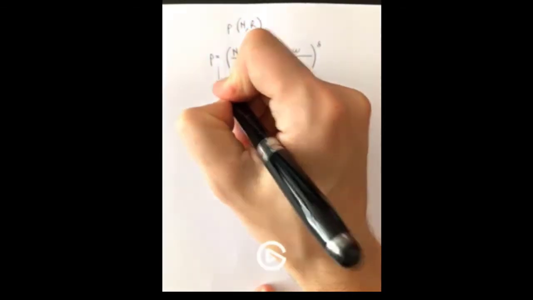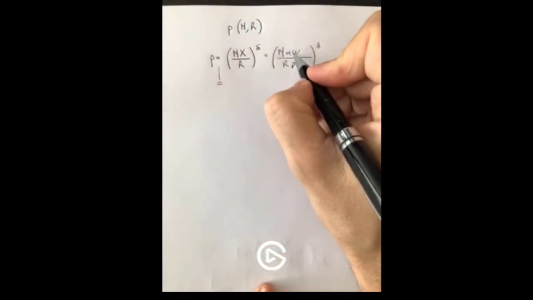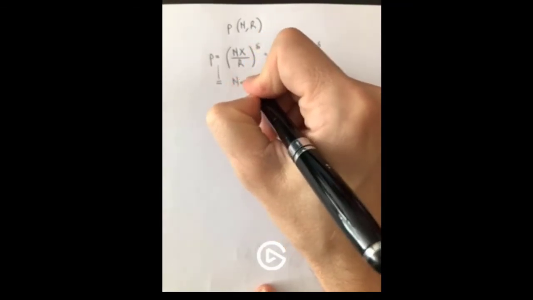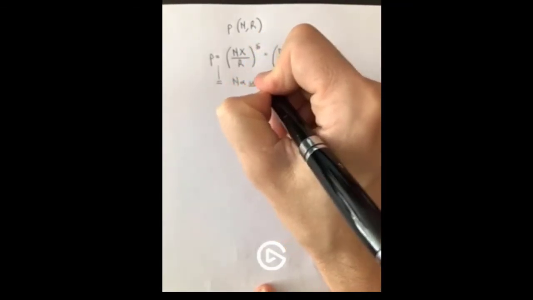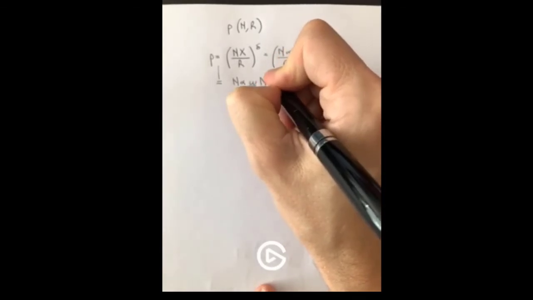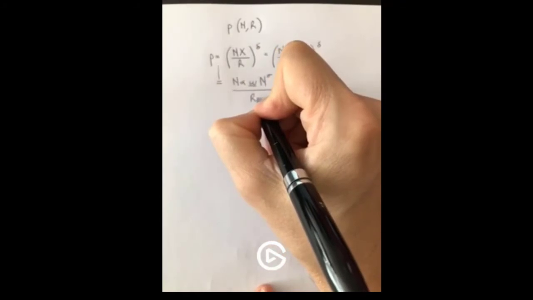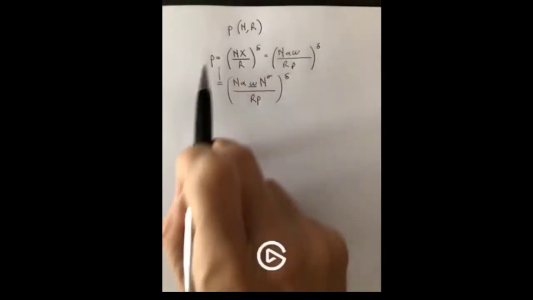And this can also be written considering the fact that w evolves according to w lower bar times n with exponent sigma, divided by r p. Okay, so this is the function of p as a function of n and r essentially, and all the others are exogenous parameters in the model.